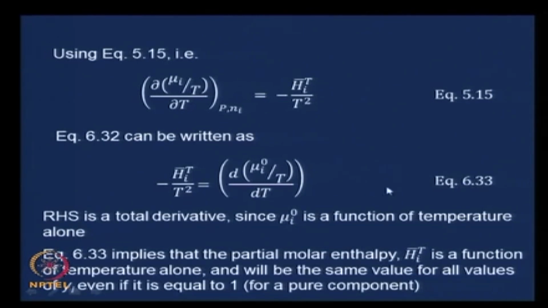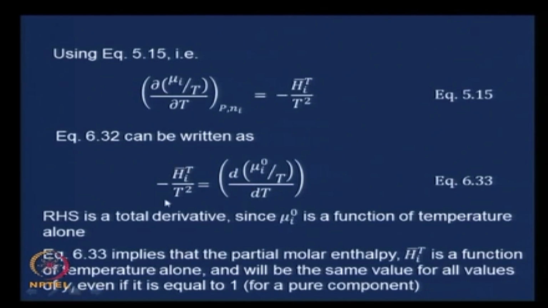Now, equation 633 says something important. It implies that the partial molar quantity H_i^T-bar is a function of temperature alone, and more importantly will have the same value for all values of the composition, because it is independent of the composition. Rather, it is a function of temperature alone, it is going to be independent of pressure or composition.